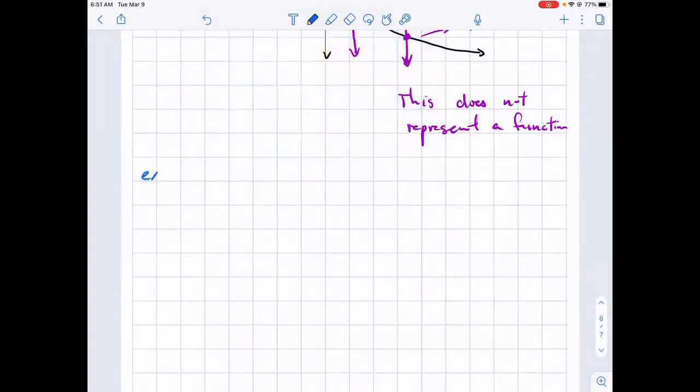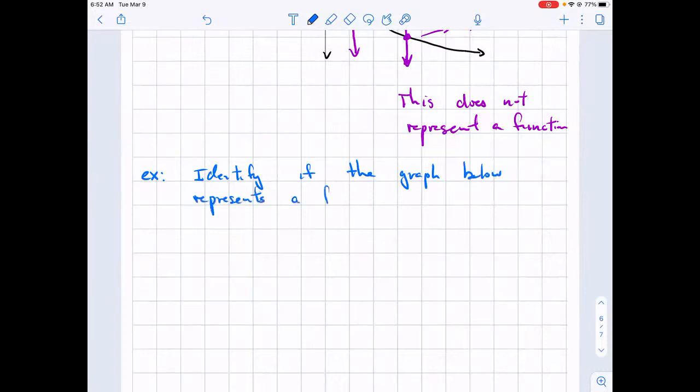So examples: identify if the graphs below represent a function.